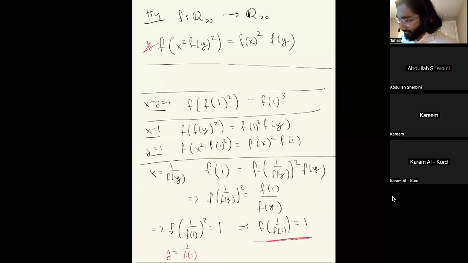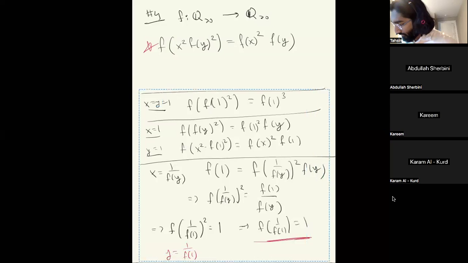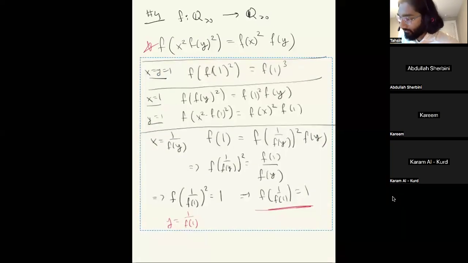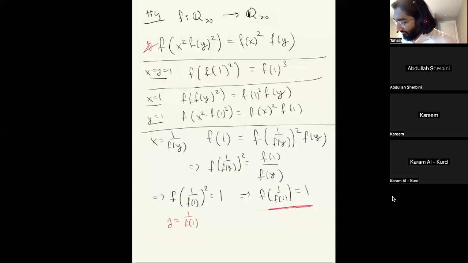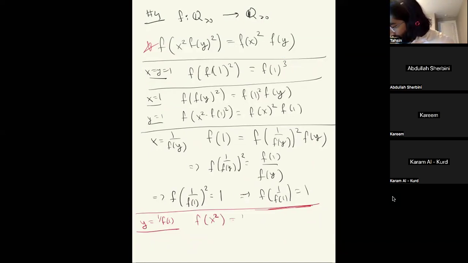And good. So what do we have now? After doing that, we get something very nice: with y equals 1 over f of 1, we have f of x squared equals f of x squared.